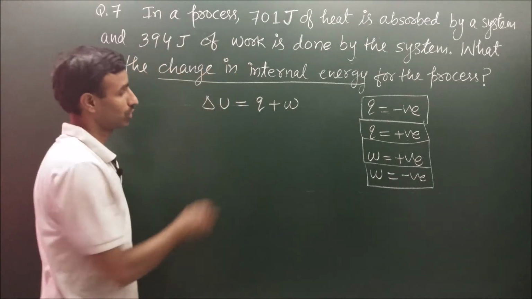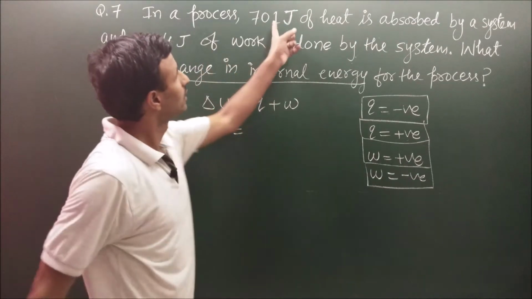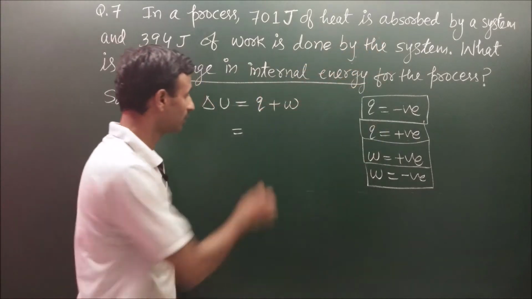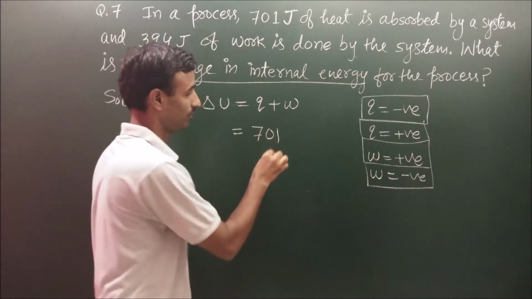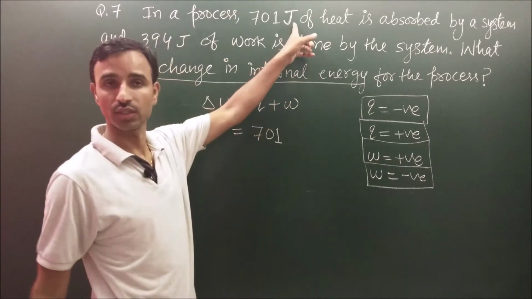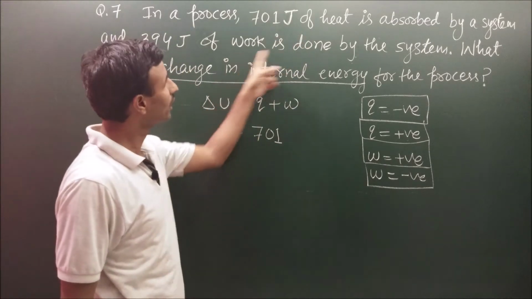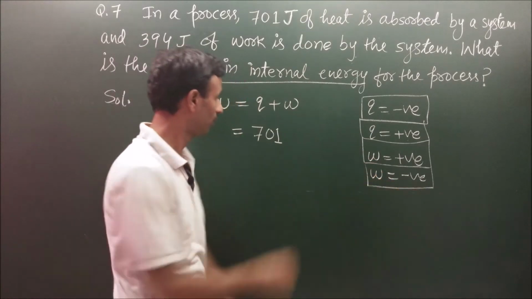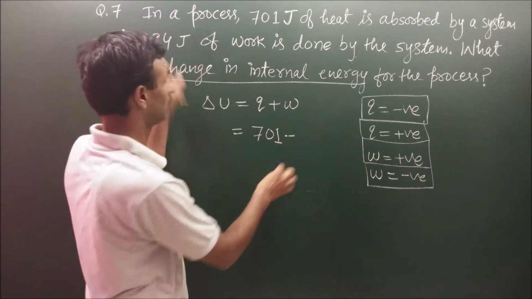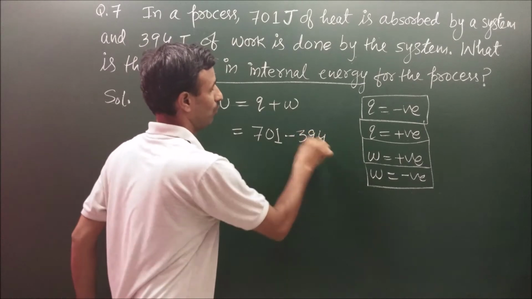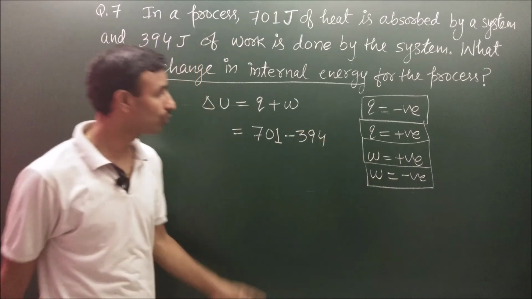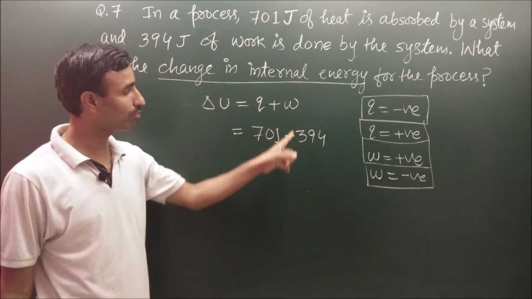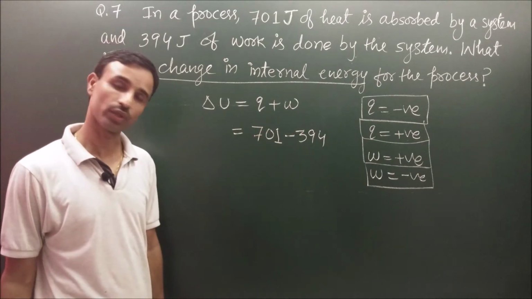Now come to this question. 701 joule of heat is absorbed. That means it is positive, in joule. Work is done by the system. By the system is negative. So minus 394. Q is plus 701 joule. W is minus 394 joule.